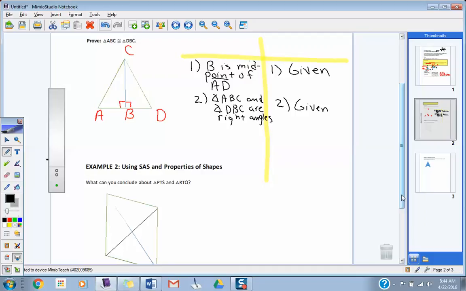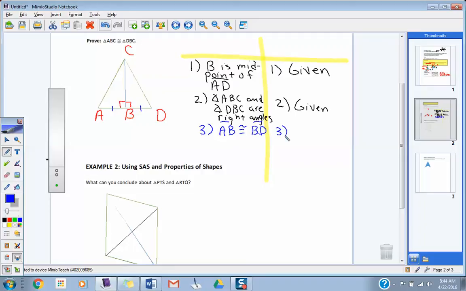Since B is the midpoint of AD, and B divides a longer segment into two equal segments, which two segments at the bottom of that big triangle are going to be equal for step 3? AB is congruent to BD, by definition of a midpoint.